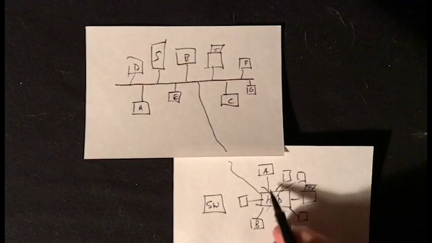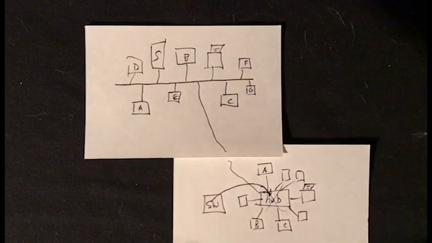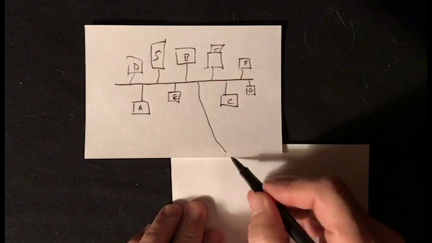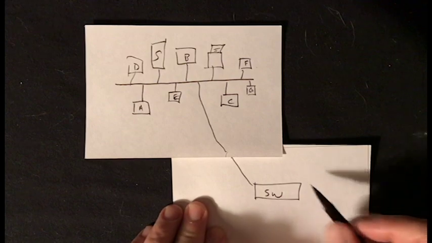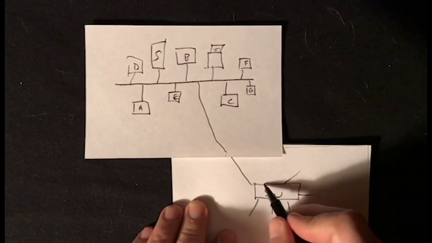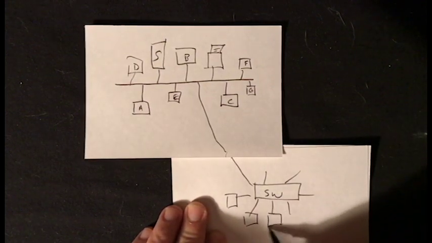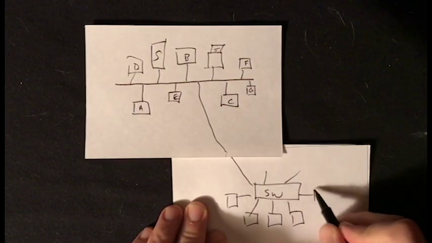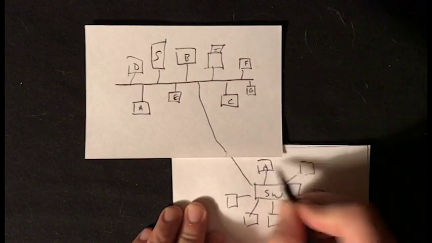Okay, I just stuck it right in place of it. All right, so now I've got a switch, and these were not inexpensive, by the way. Because of their power.